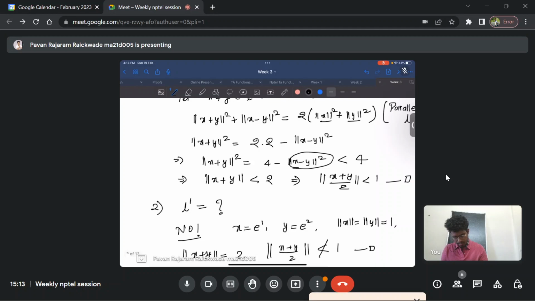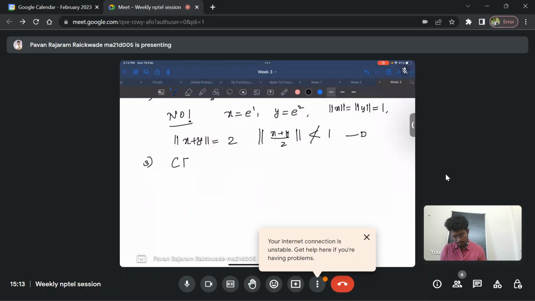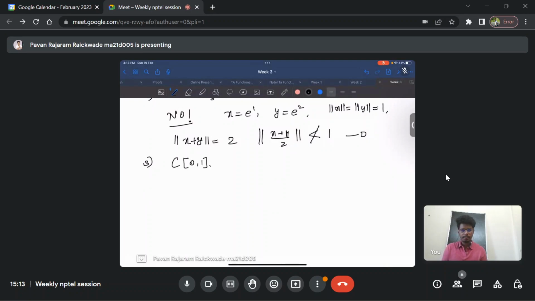How about C[0,1]? Same thing we can do. In the first case it is not strictly convex. So we have to find two functions f and g whose norms are 1, but the norm of f plus g is also 2. Take the first function constant as one and the second as x.